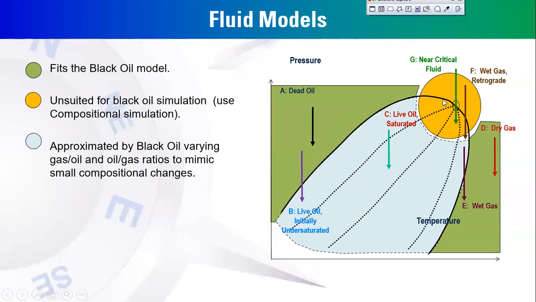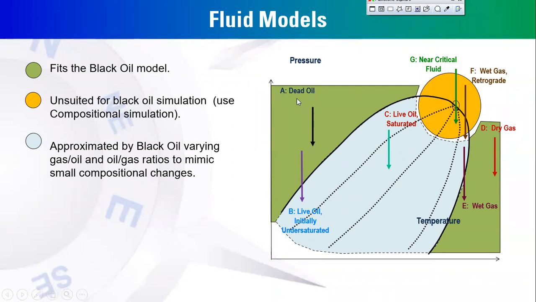Simply, this is the bubble point curve, the curve separating the single phase liquid region and the two phase region, and this is the dew point curve separating the single phase gas region and the two phase liquid and gas region, and this is the critical point.